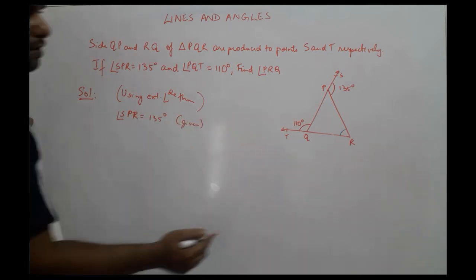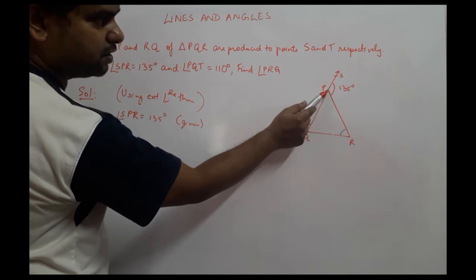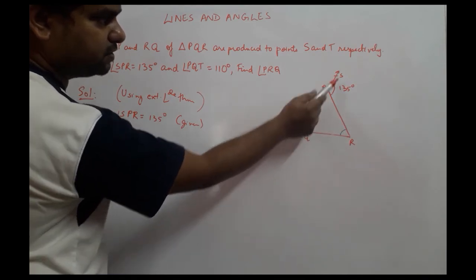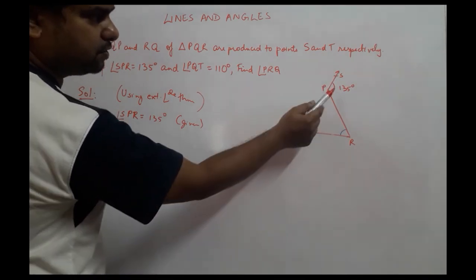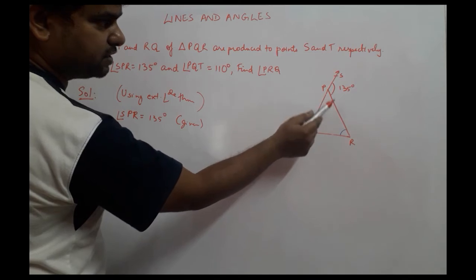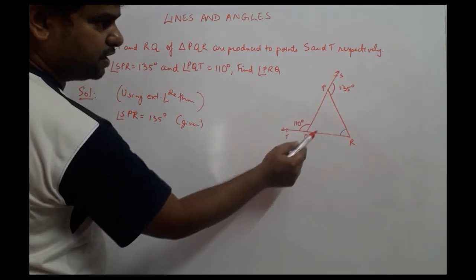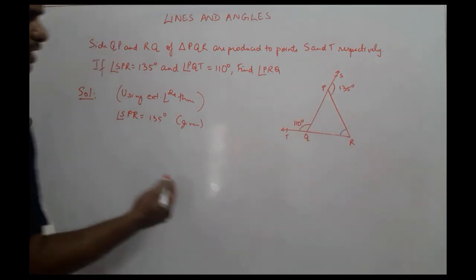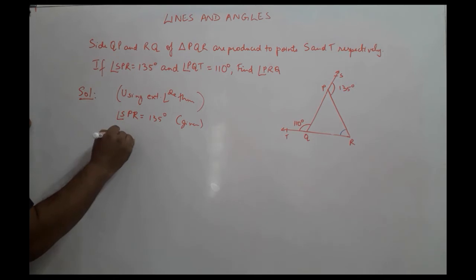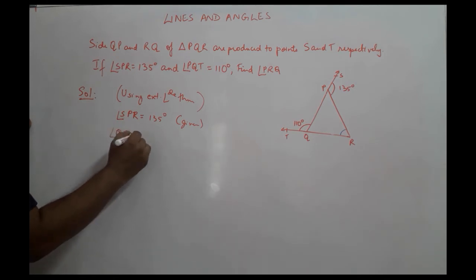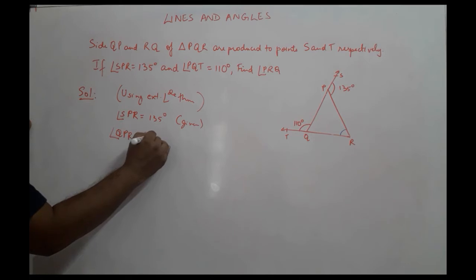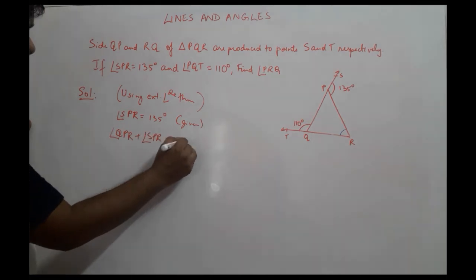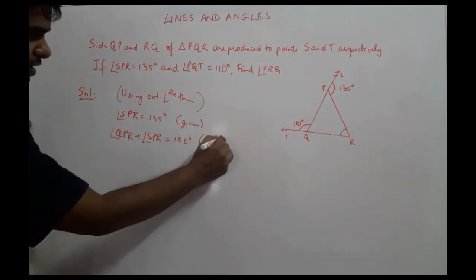Now this line PR stands on SQ. So these two angles, angle SPR and angle QPR, form a linear pair. So we can say angle QPR plus angle SPR equals 180 degrees by the linear pair axiom.